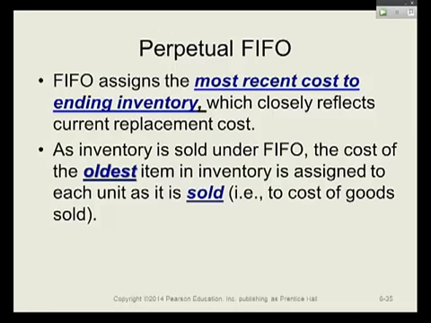Because with inflation, the newest costs are going into inventory, and the older costs go into cost of goods sold, which should be lower. And if I have lower cost of goods sold, what happens to profit? It goes up.